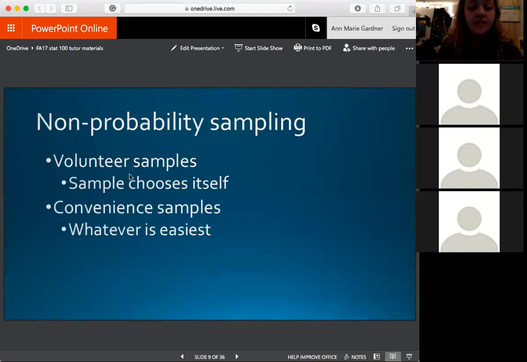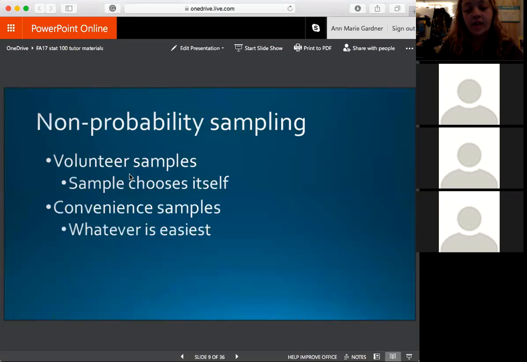And convenience samples just means whatever's easiest, whatever sample you have access to. The idea is that human choice isn't random selection, so non-probability sampling isn't that good. It isn't going to give you a representative data set, so we have a higher chance of bias there.